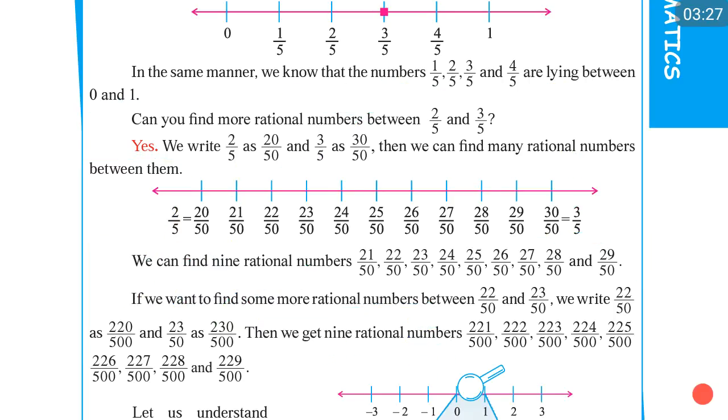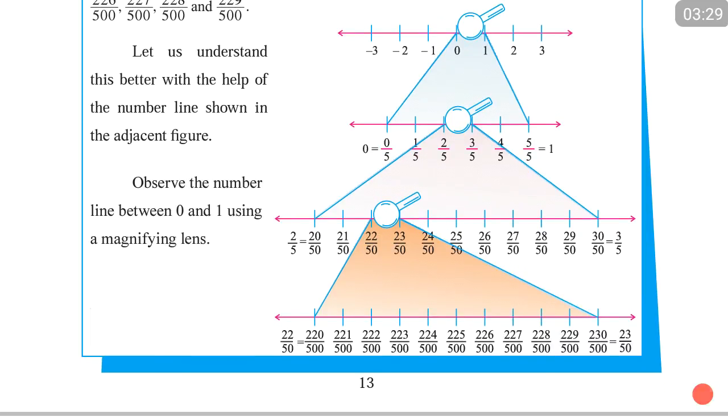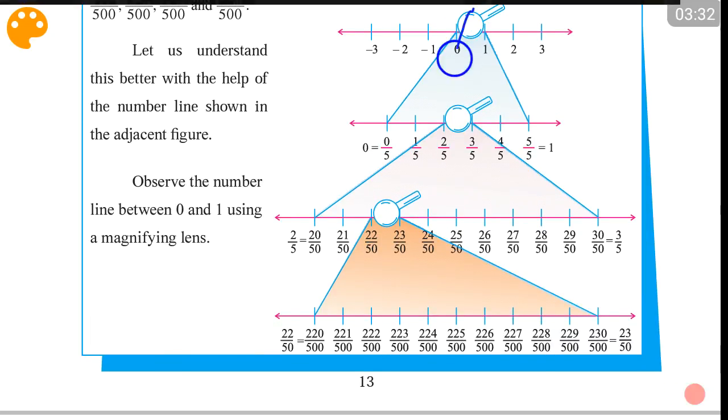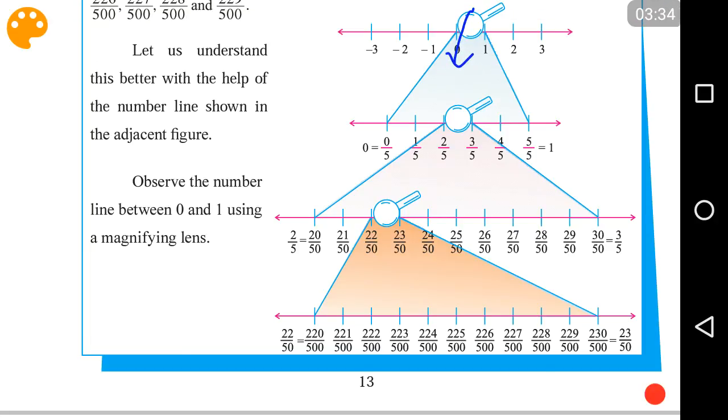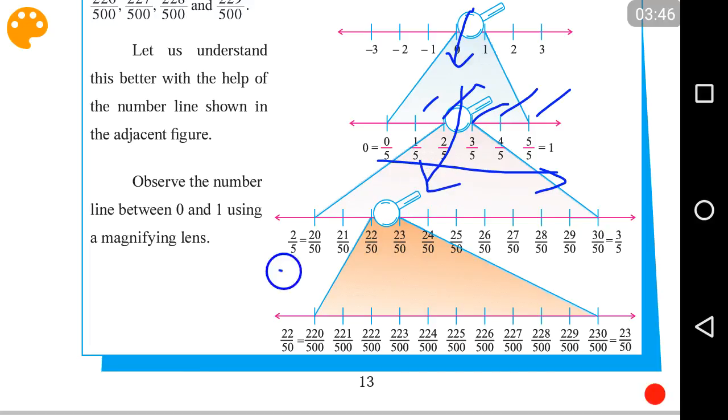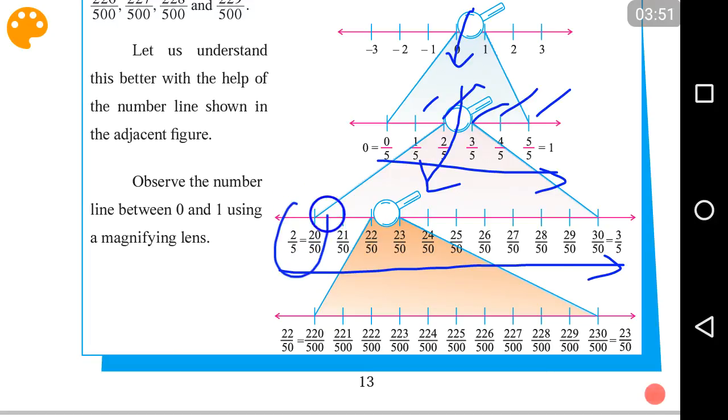This is best illustrated with the following diagram. Here you can see between 0 and 1 we found these 5 numbers: 1 by 5, 2 by 5, 3 by 5, 4 by 5 and 5 by 5. Between 2 by 5 and 3 by 5, we found these 9 rational numbers, because we changed 2 by 5 to 20 by 50 and 3 by 5 to 30 by 50, and we found that we can go from 21 to 30 with one number again.